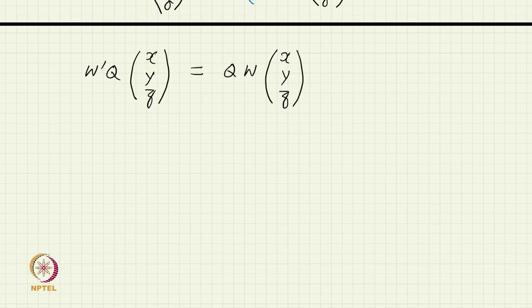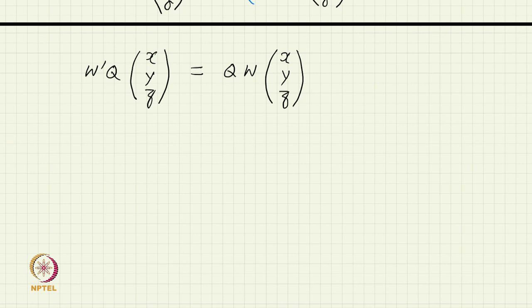Once you have this, was x y z a special vector or a general vector? So, if two matrices are there, w prime q and q w are different matrices, because w prime is different from w and the order of multiplication is also different.